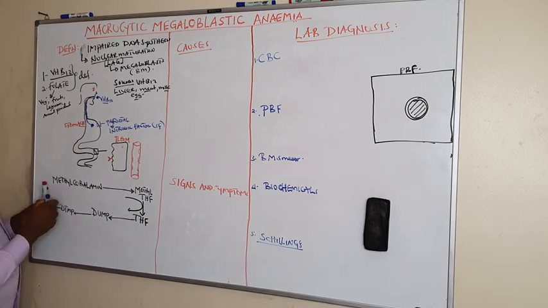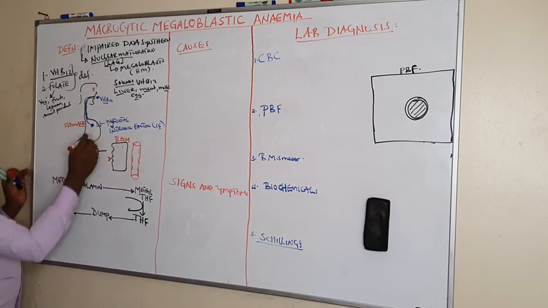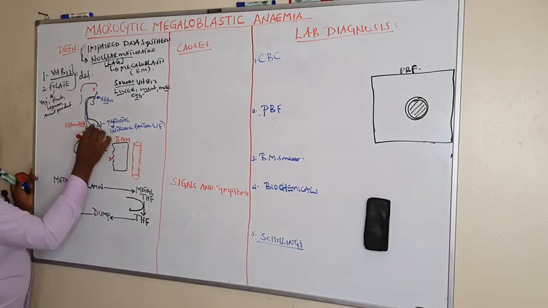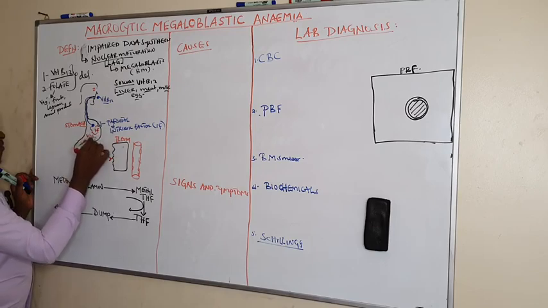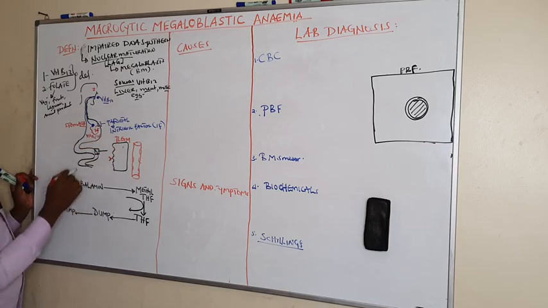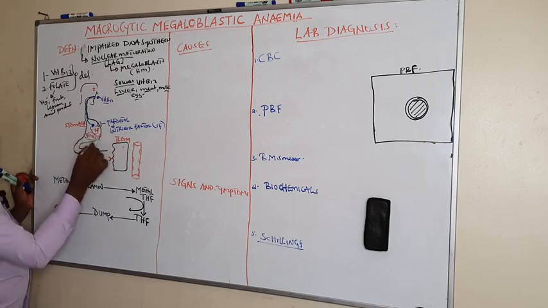This intrinsic factor released from the parietal cells of the stomach will come and bind to vitamin B12. When they bind together, they form the vitamin B12 intrinsic factor complex.